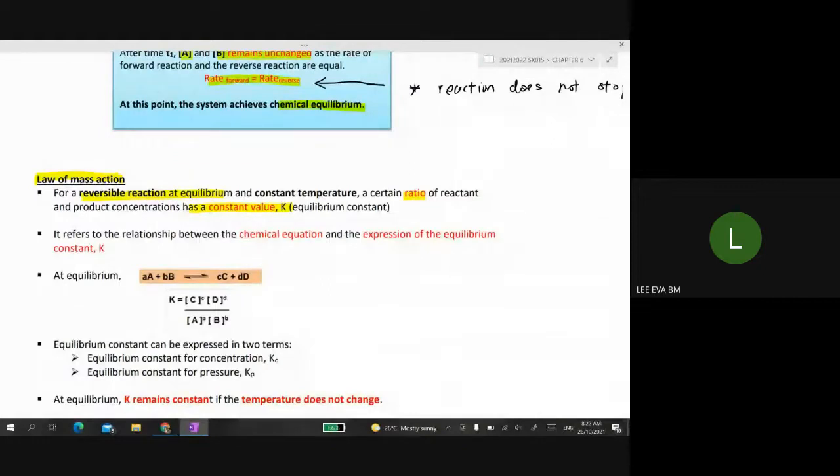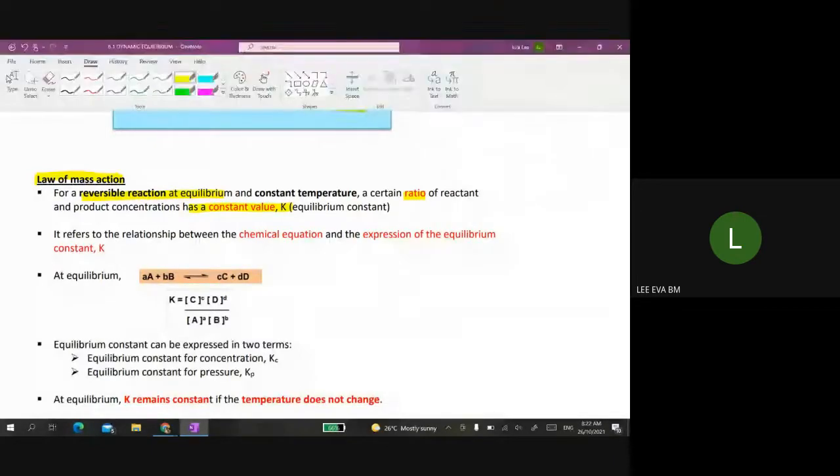Capital letter K, equilibrium constant. So the law of mass action refers to an equilibrium system. It must be in equilibrium. Okay, it must be for a reversible reaction. So the ratio has a certain value.